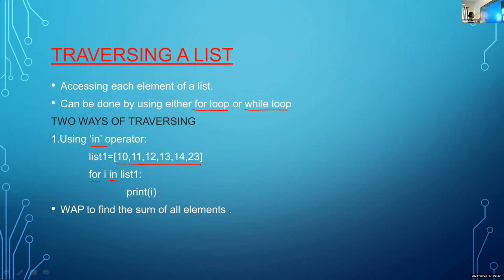It is assigned to the variable list1. For i in list1 means the contents are 10, 11, 12, 13, 14, 23. From that, the first value, 10, is assigned to i.